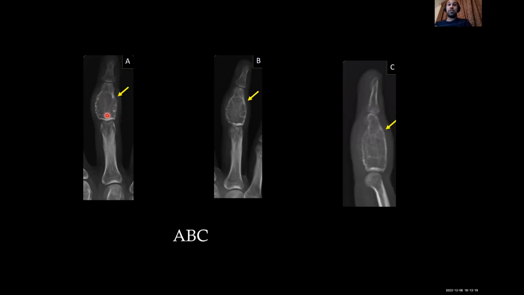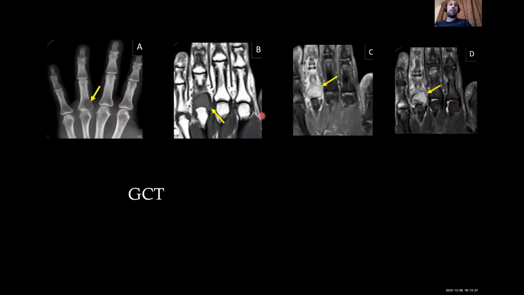Aneurysmal bone cyst: expansion and a multilocular lesion. In the MRI you will find, I hope, this giant cell tumor. No MRI for the aneurysmal bone cyst. This giant cell tumor involves mainly the epiphysis, with closure of the epiphyseal plate.